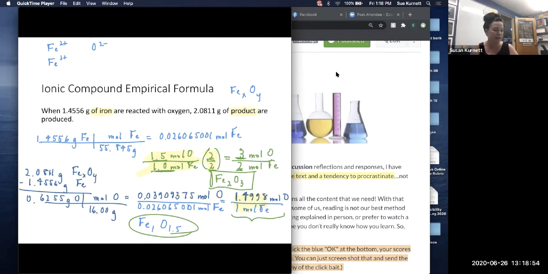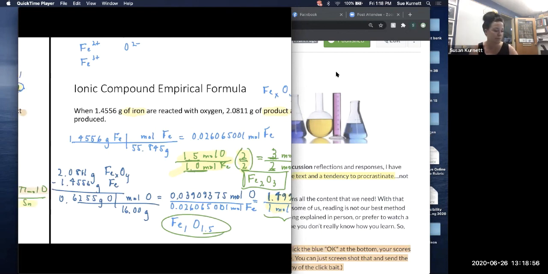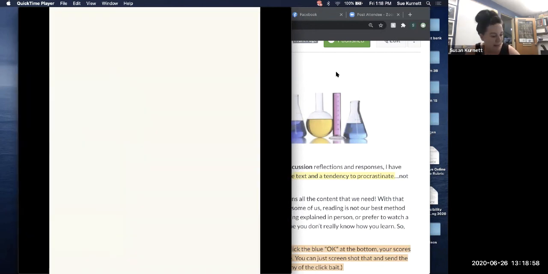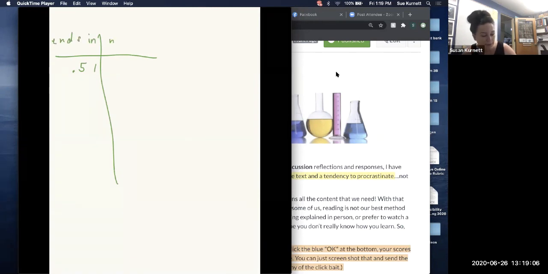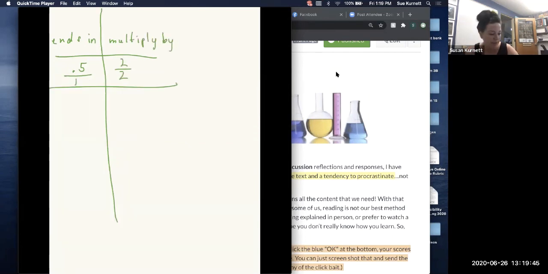So let's say a number ends in 0.5, then we're going to multiply by 2 over 2. If it ends in something that looks like a third or 2/3, multiply by 3 over 3.